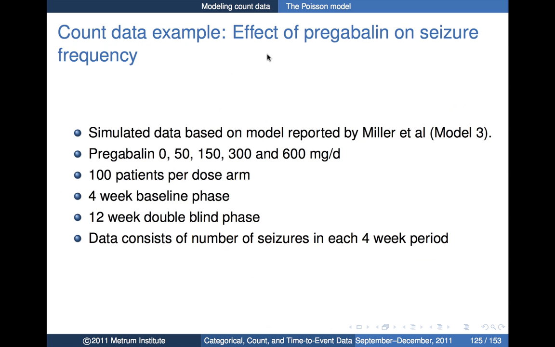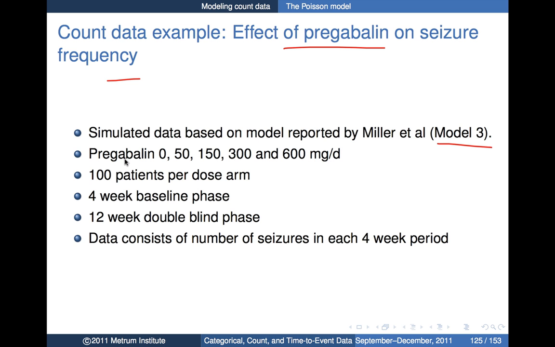Okay, so our example is going to be a semi-hypothetical case of the effect of pregabalin on seizure frequency. Again, it's simulated data based upon the Miller et al. article, and they had multiple models in there, and this is the one they called their Model 3.